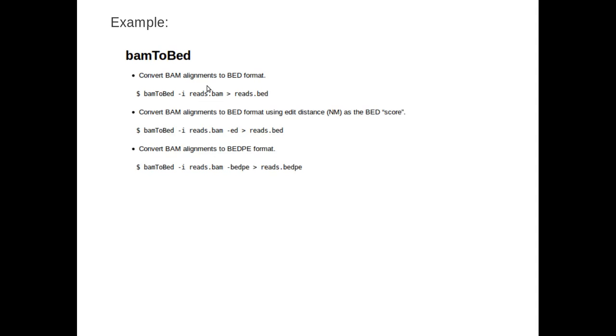I just pulled a couple of other examples here. BAM to bed might seem like a strange conversion, but there are a number of conversion functionalities here. You can convert an entire set of read alignments to bed intervals. That would be a very large file, obviously, if you're dealing with a large BAM like most BAMs are.